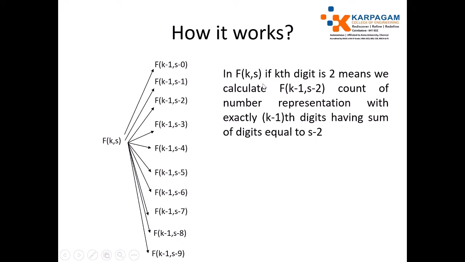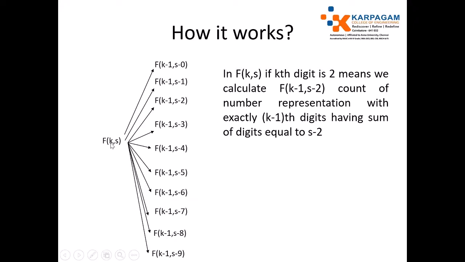For example, consider we have 3 digits and the required sum is 81, so we pass f of 3 comma 81. For solving f of 3 comma 81, we need to solve f of 2 comma 81 minus 2, that is 79. Likewise, we can solve this problem.